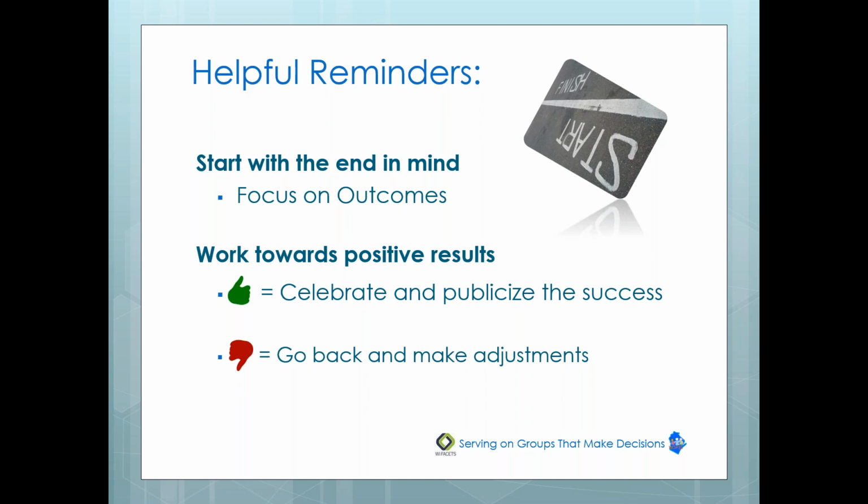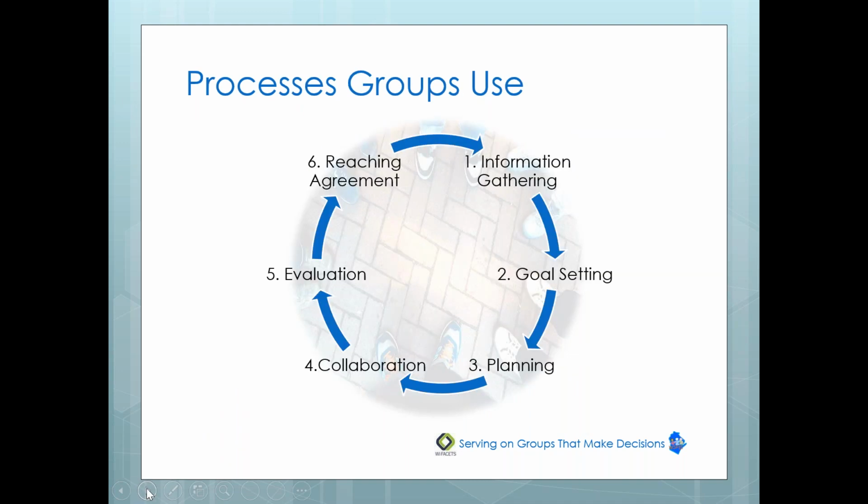If your group is achieving what it set out to achieve, then you want to celebrate and publicize that success. You want to make sure that everybody on the team who has been part of the work is acknowledged, and that you're celebrating your outcome.